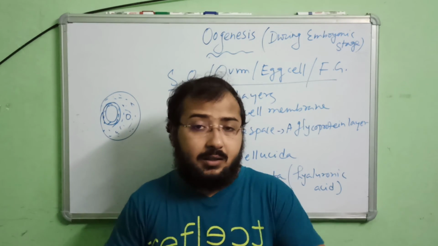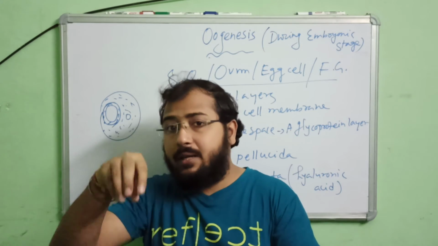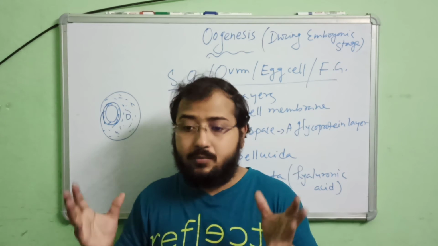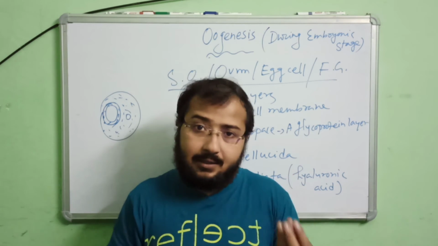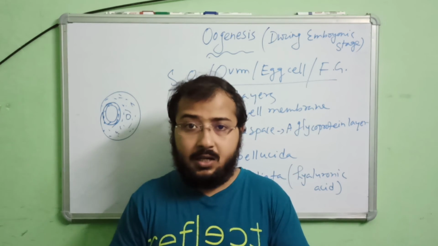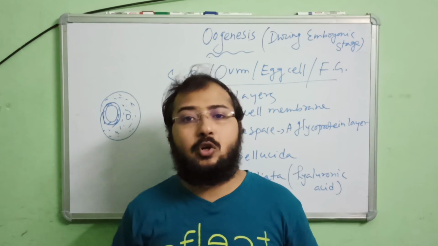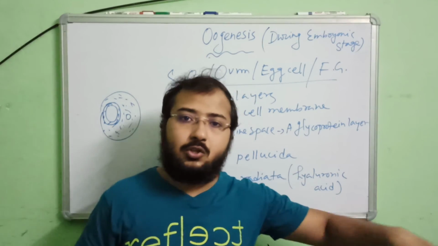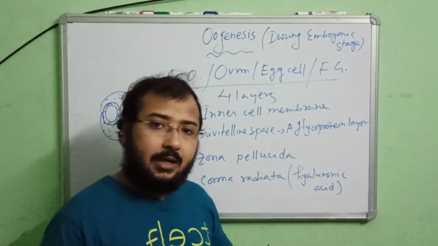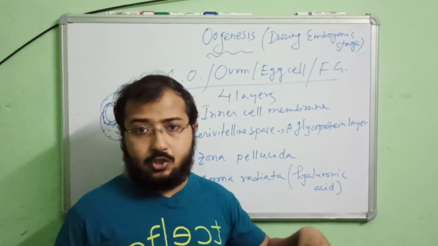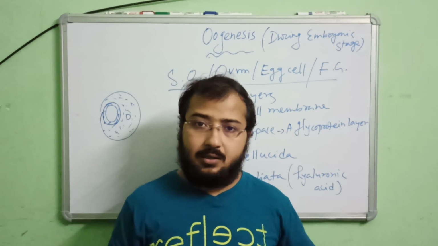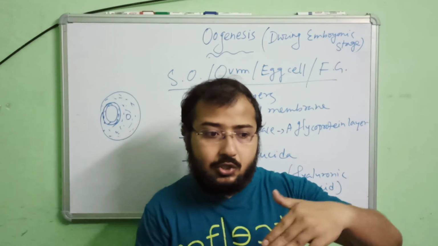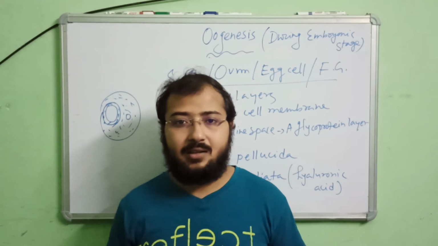The egg, which is the mature egg immediately after meiosis 1, undergoes meiosis 2, and that egg cell and the small polar body again get arrested at the prophase 2 stage. In that stage only, at the arrest stage of prophase 2, the egg is released. Ovulation done. Now the question comes, when is this meiosis 2 going to be finished?